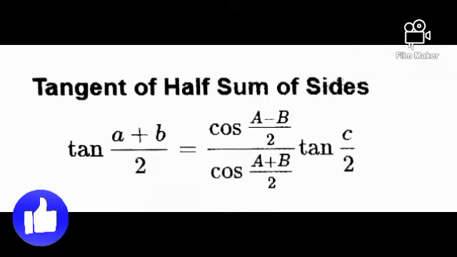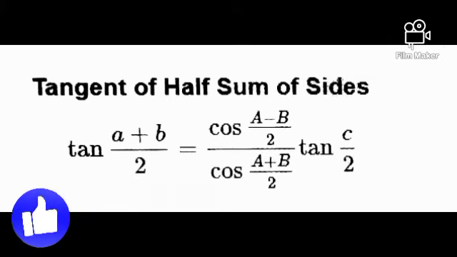If you write the equation for the tangent of half the sum of sides small a and small c, you should get tangent of (a plus c) over 2 equals cosine of (capital A minus capital C) over 2 over cosine of (A plus C) over 2 multiplied by tangent of small b over 2.